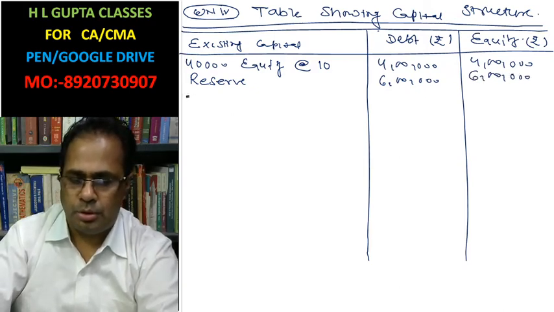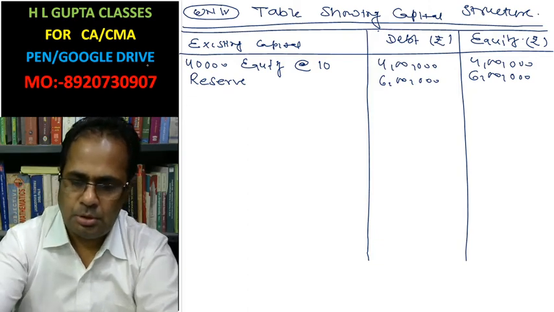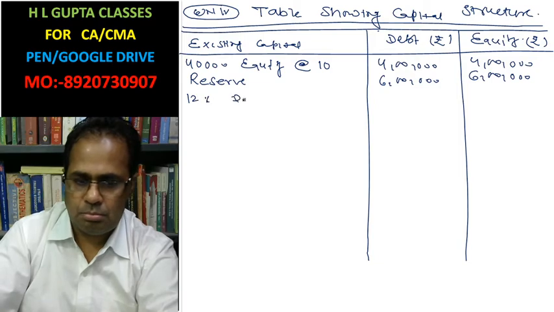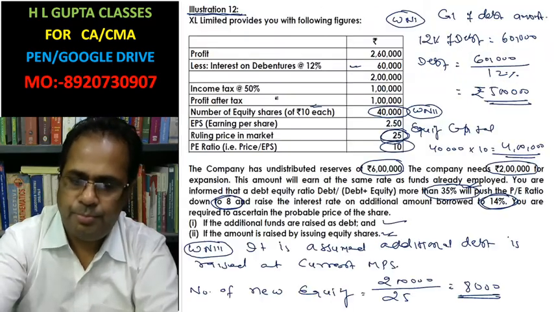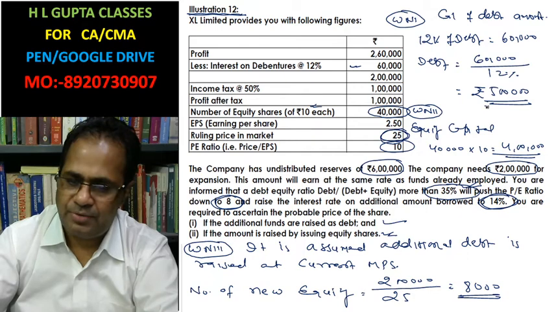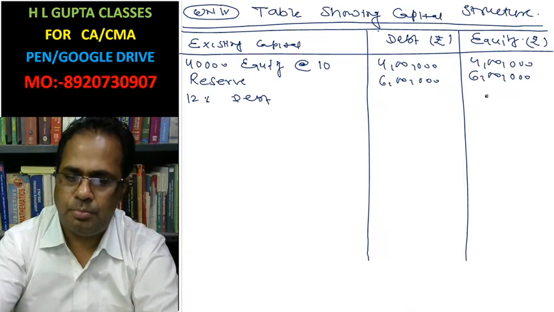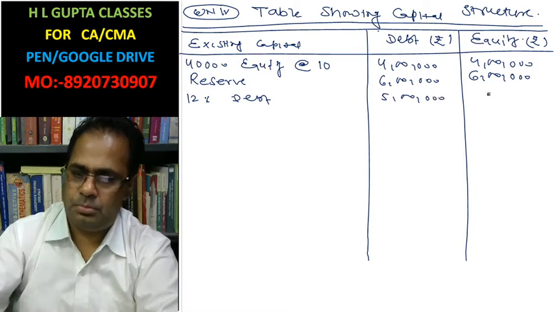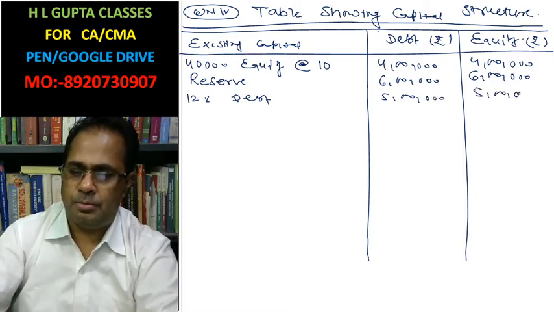Now, debt. 12% debt is 5 lakh here. This is your 5 lakh.